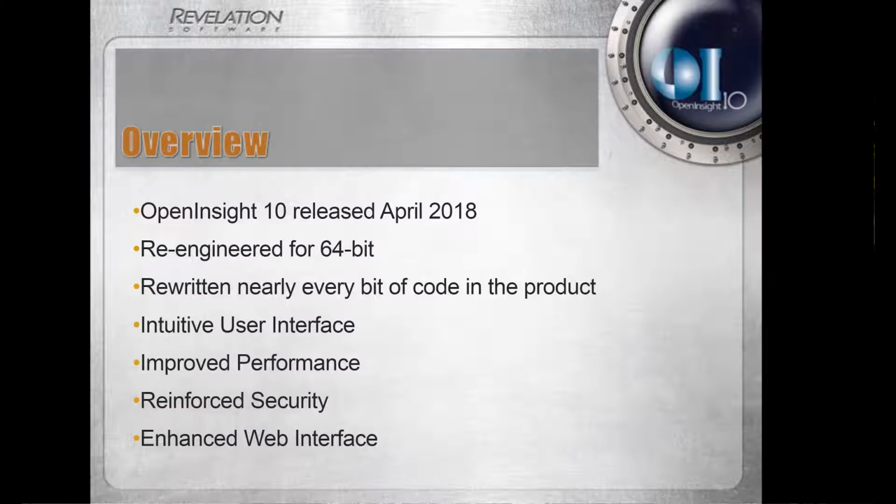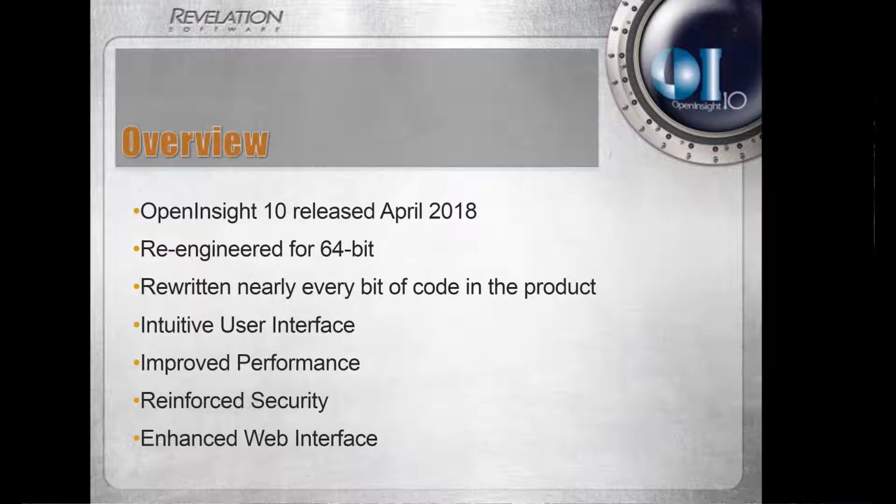As most of you are aware, over the last couple of years, we have undertaken a tremendous effort to rewrite our product OpenInsight. And we released that product in April of this year. We set out a bunch of goals in our design process, and we've met those goals. One of the first criteria was that we wanted OpenInsight to be re-engineered for 64-bit.